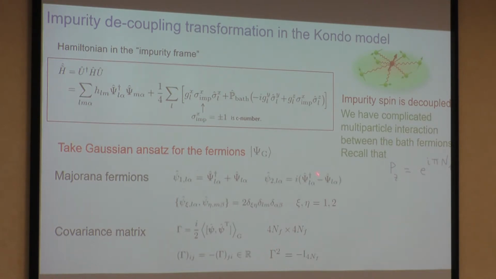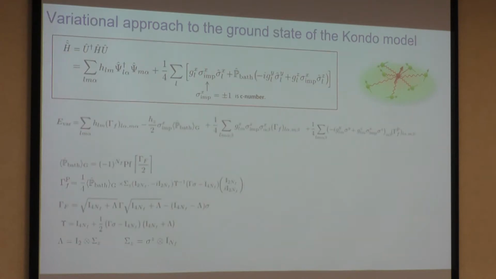But if we apply the variational approach, it actually doesn't matter how complicated the interaction is, as long as you can compute the expectation value of the Hamiltonian in the Gaussian state, you're in business. And that's actually how it works. OK, I'll not take you through the calculations.